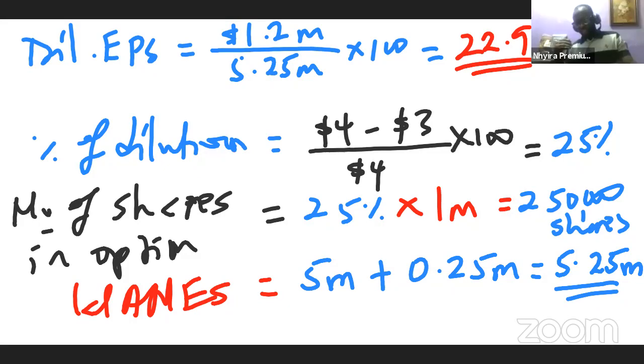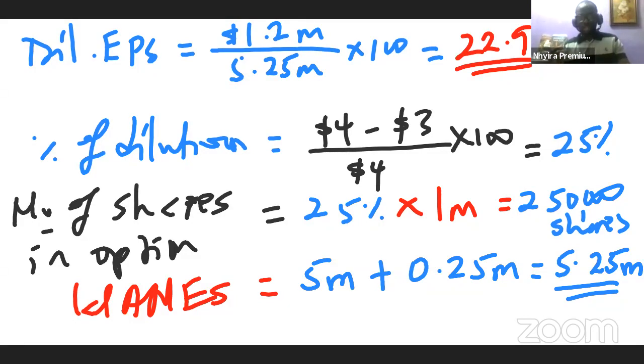Good. So you realize that in the basic, shareholders were making 24 cents per share. But now under the diluted, they are going to make 22.9. This is what we want to tell the shareholders, that currently you are earning 24 cents.